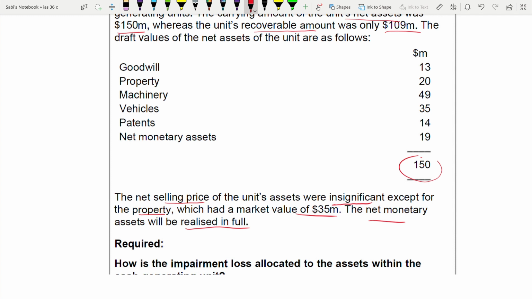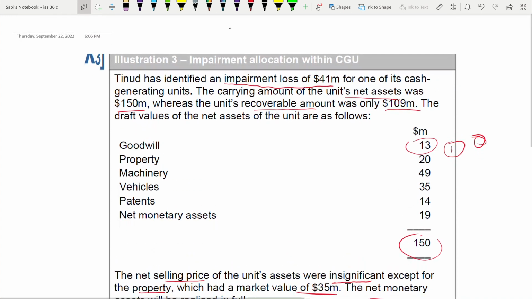Remember our first ruling, impairment loss will be allocated first against goodwill. So that means goodwill will be nil. You understanding? So out of this impairment loss 41, you are going to reduce 13 because you are first going to allocate it against goodwill.